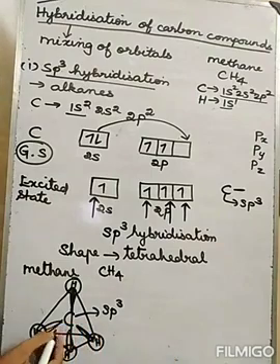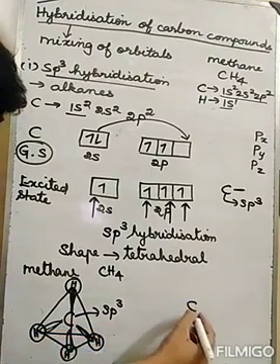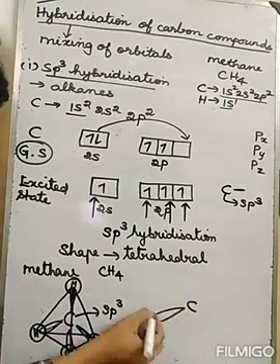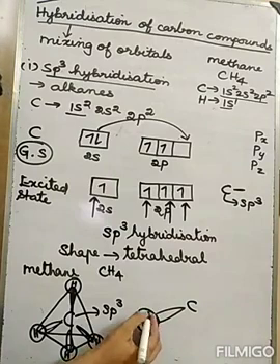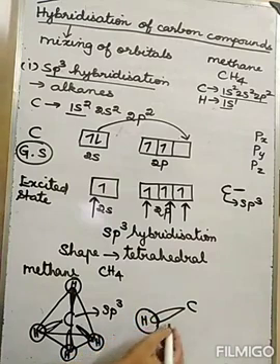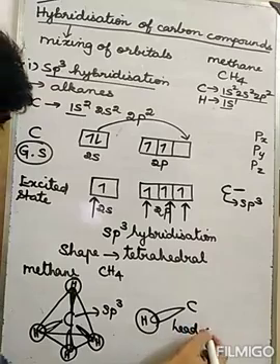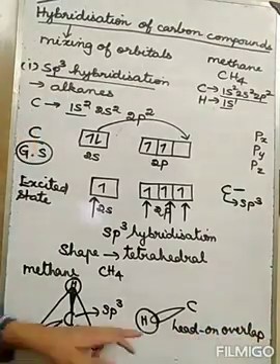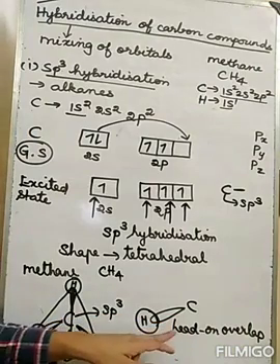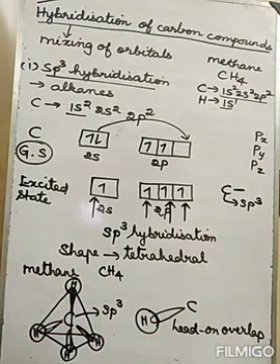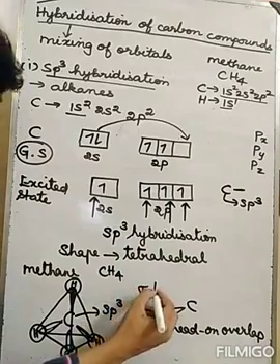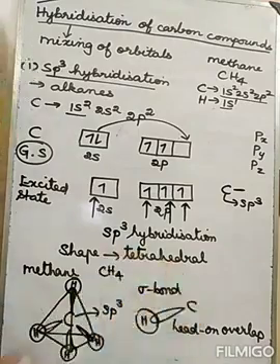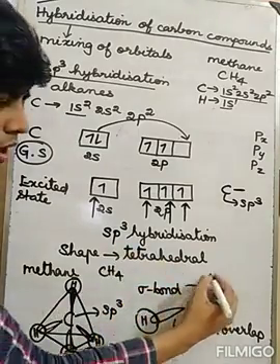Now you can see here the carbon's orbital and hydrogen's orbital have head-on overlap. We will call this overlap head-on overlap. If the bond is formed by the head-on overlap of the orbitals, we will call that bond a sigma bond. So sigma bond means what?